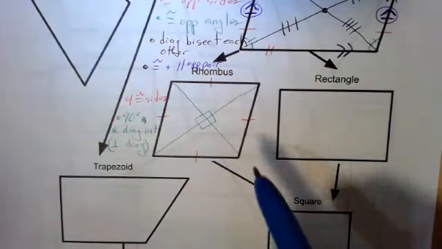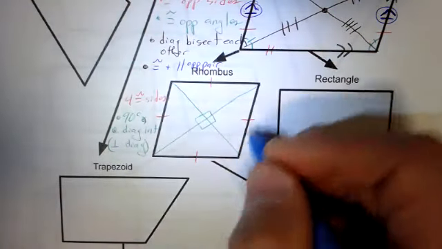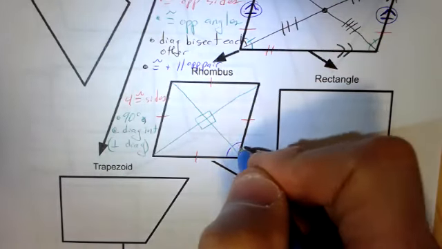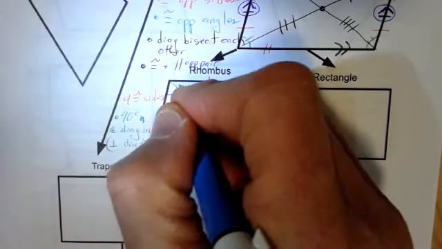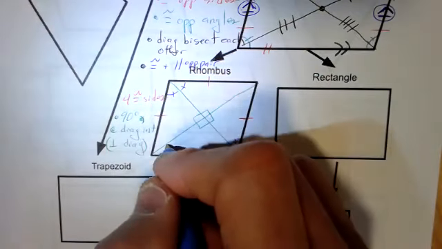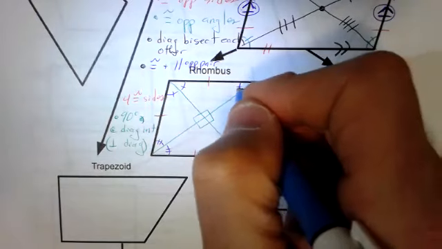All right, now the last way that we can prove that we have a rhombus is with these angles here. And what happens in a rhombus is that these angles get bisected or split in half by the diagonals. So each of these are going to be exactly the same. And then each of these here are going to be exactly the same also.